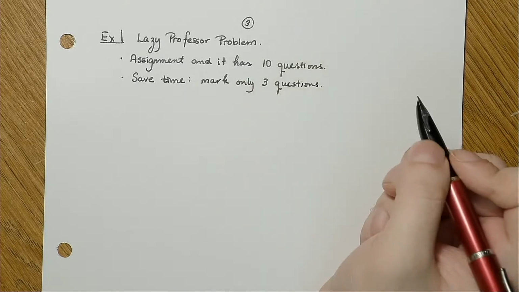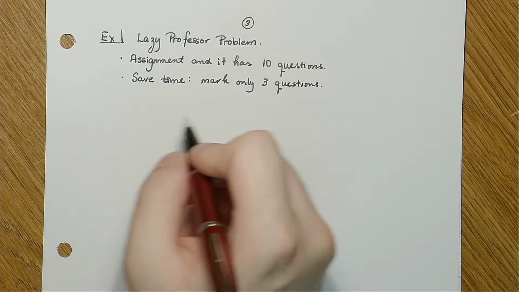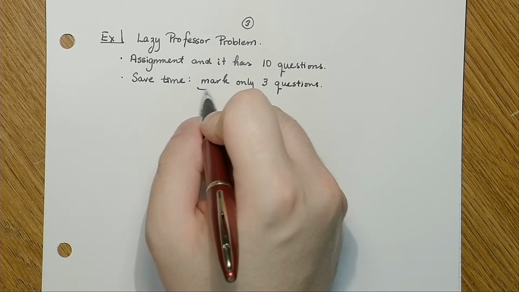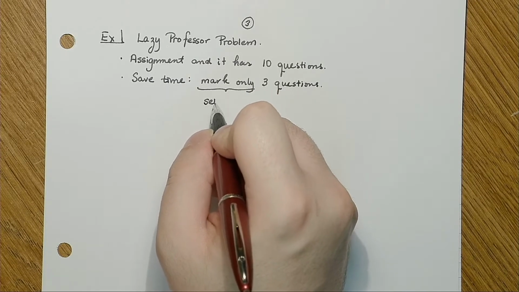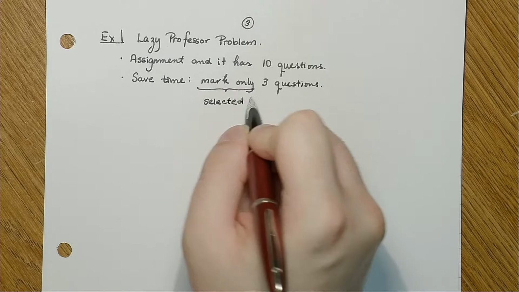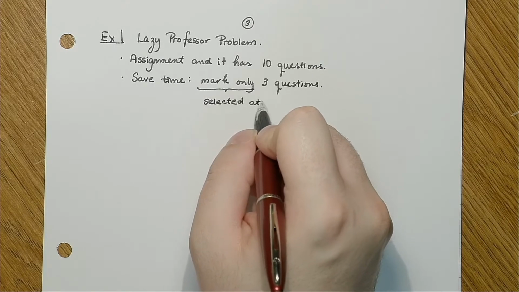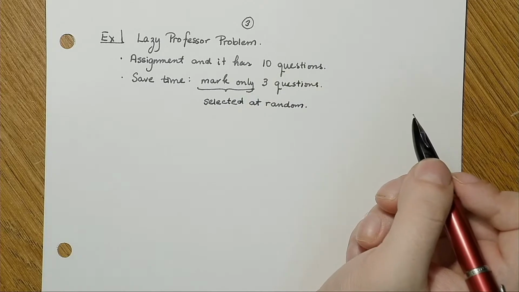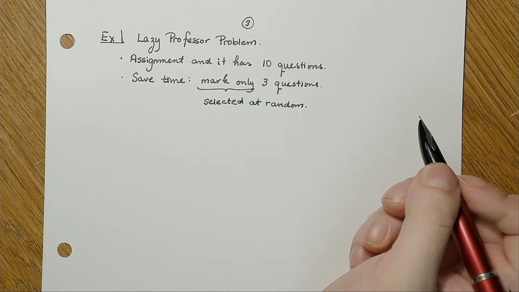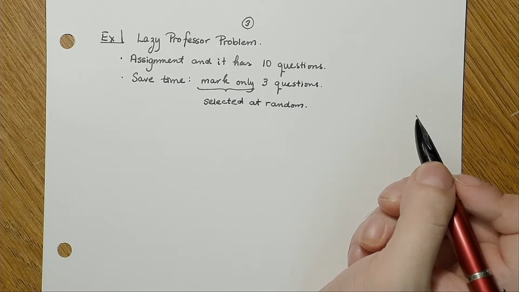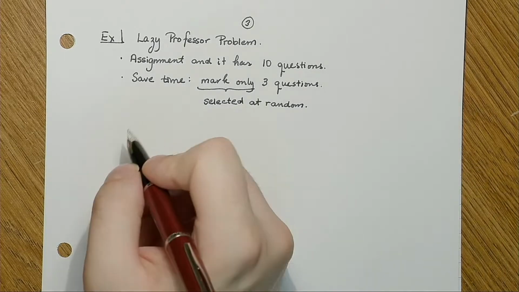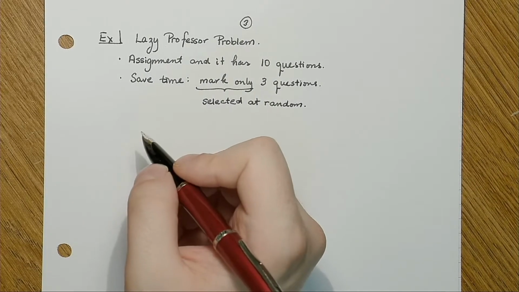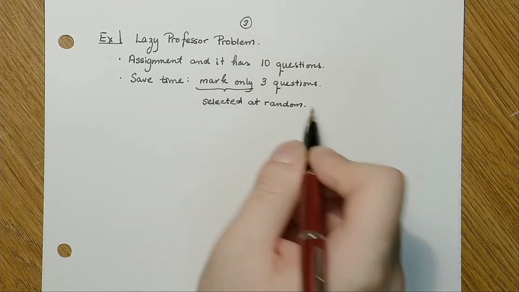So you mark 3 questions. And let's say that these are selected at random. Okay. So I'm going to mark only 3 of those questions. I'm going to select them at random.